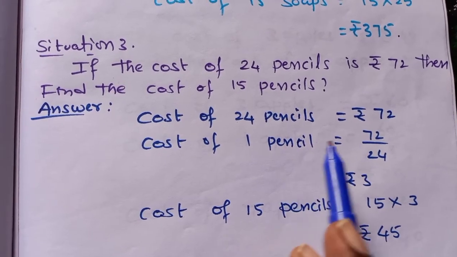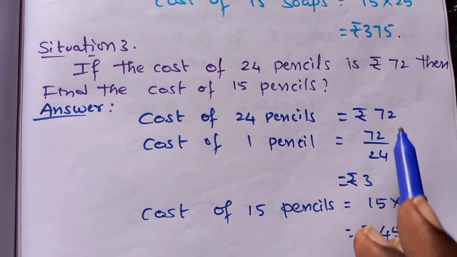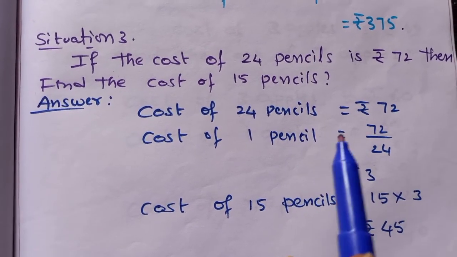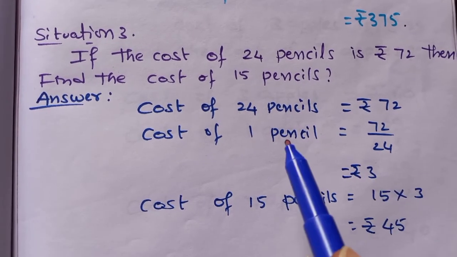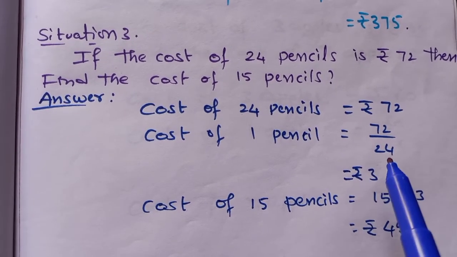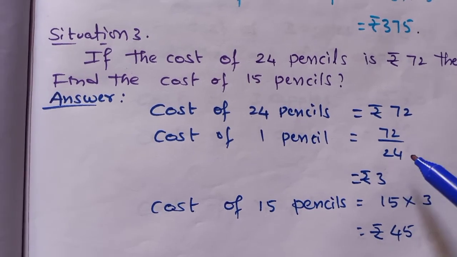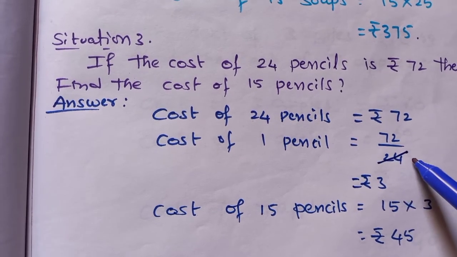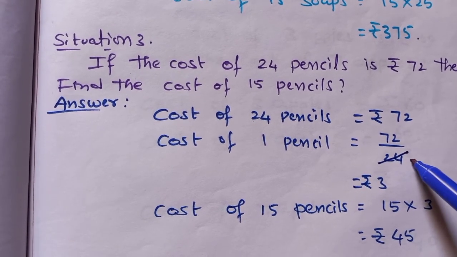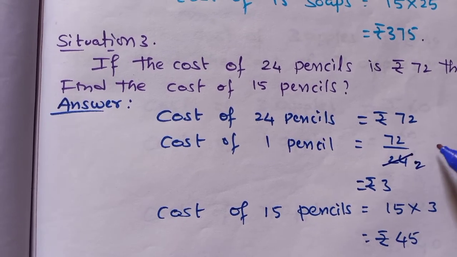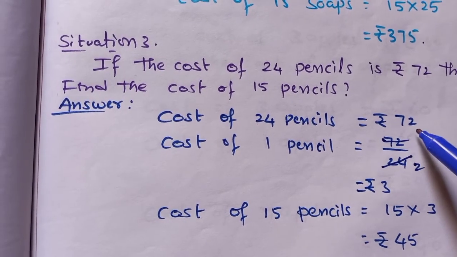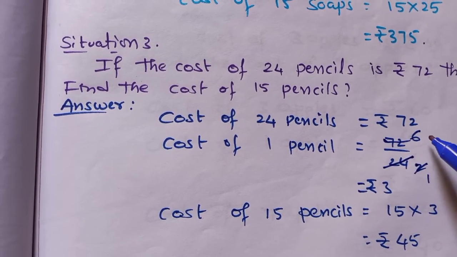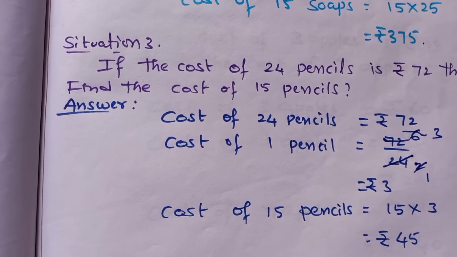The cost of one pencil is equal to 72 by 24, by transposing 24 to the denominator. Cancelling, 12 2s are 24, 12 6s are 72.